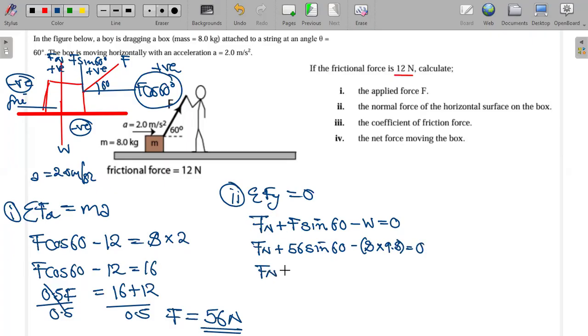My normal force Fn plus, what is the value of 56 sine 60? 48.5. Okay, so plus 48.5 minus 8 multiplied by 9.8.